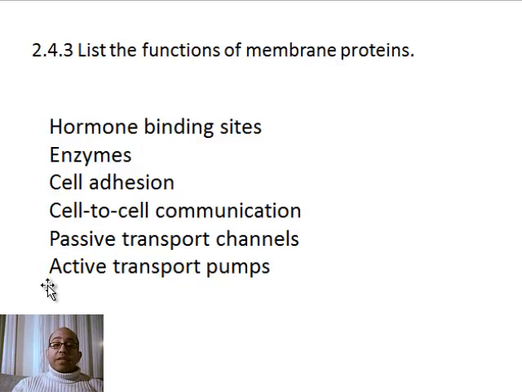In the next assessment statement, it says, list the functions of membrane proteins. One of these is a hormone binding site. Often this is shown like this: this is the cell membrane.